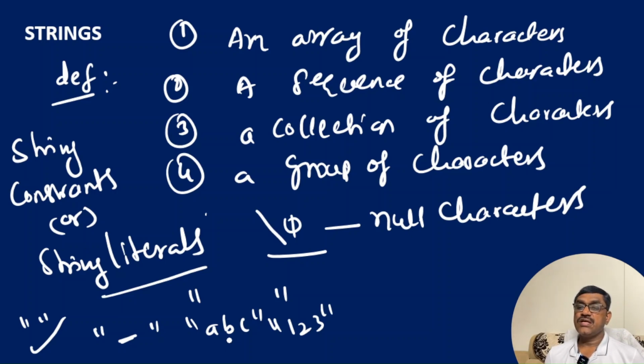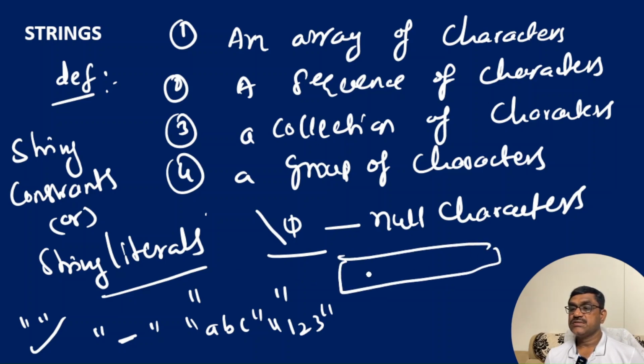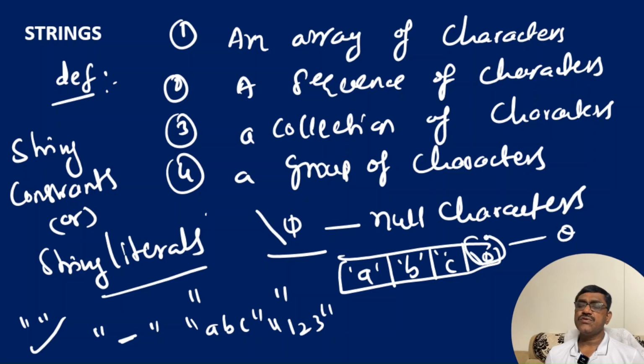See, whenever we write a string constant in double quotes, automatically its representation could be like this. For example, if you take ABC, it is stored as 'A', 'B', 'C', and each character is enclosed in single quotes, right? And finally, every string is terminated with the null character \0, backslash 0. Don't confuse this \0 with 0. 0 is different.